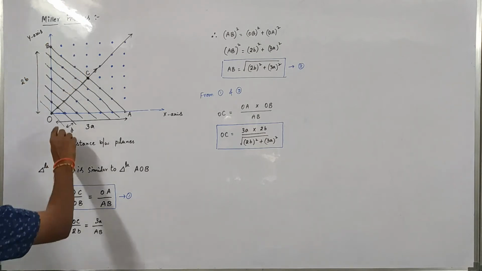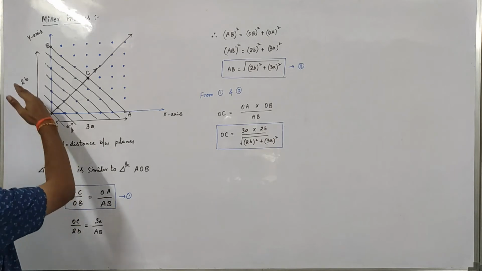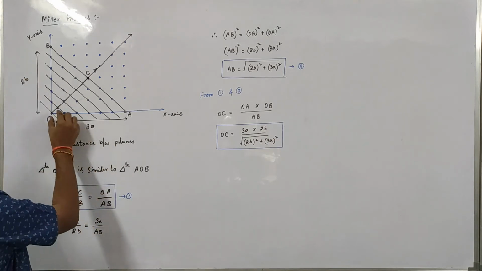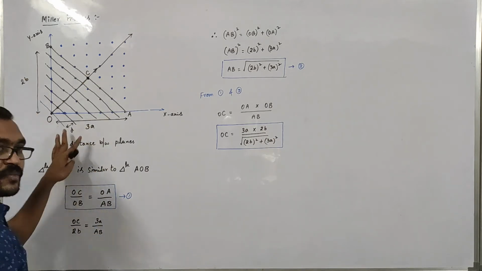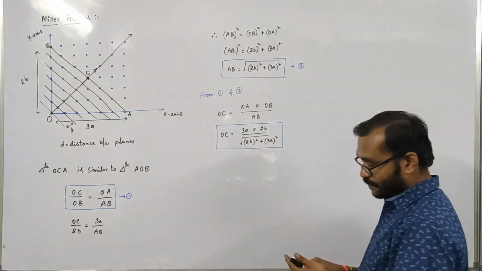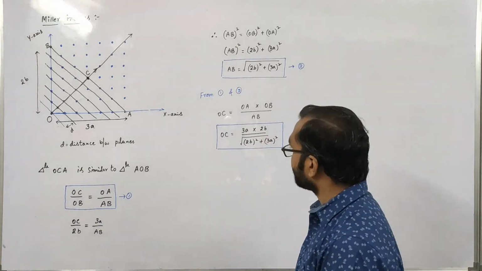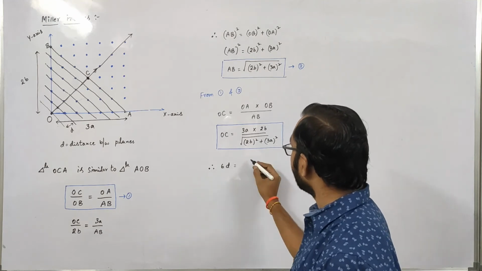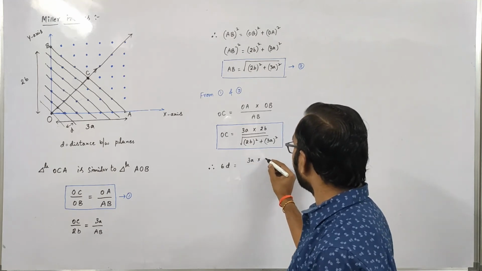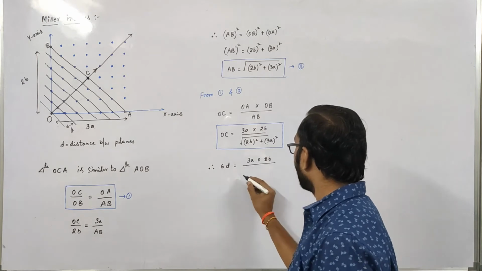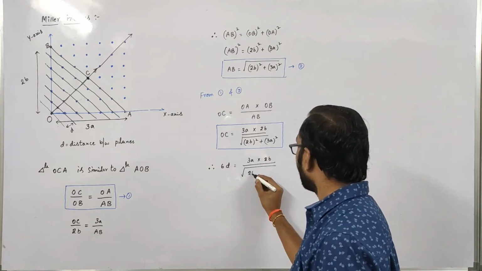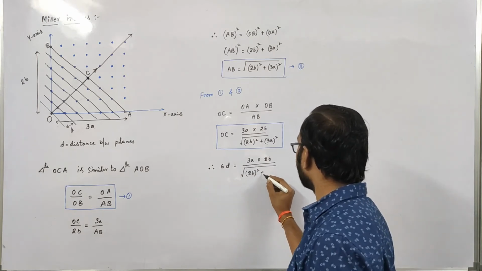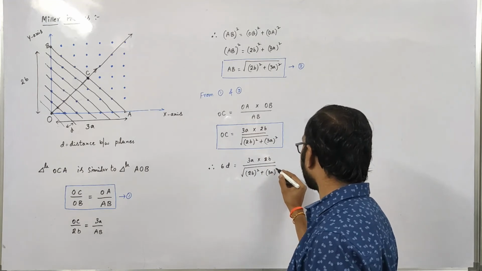Yes. Therefore, 6D is equal to 3A into 2B upon root of 2B square plus 3A square.